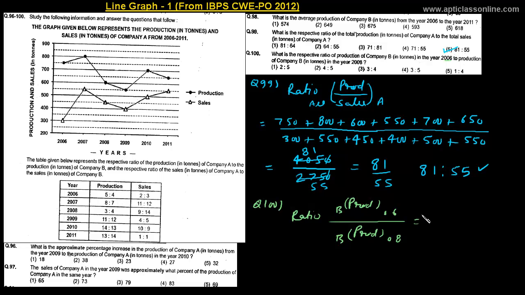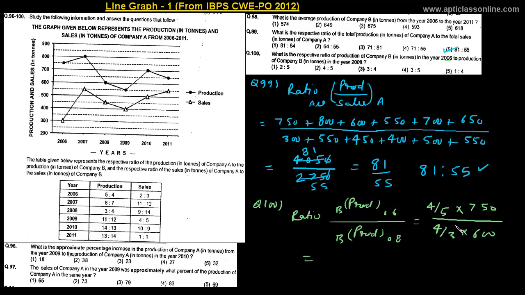As we have done in the previous 98th question also, it can be said as 4 by 5 multiplied by the production of A, that is 750. Similarly, for 2008, the production of A is 600 and the ratio is 3:4, so 4 by 3 into 600.